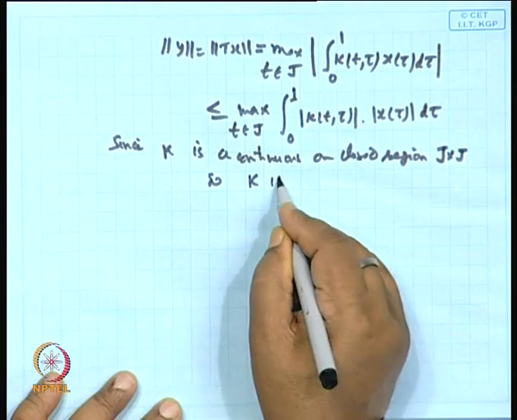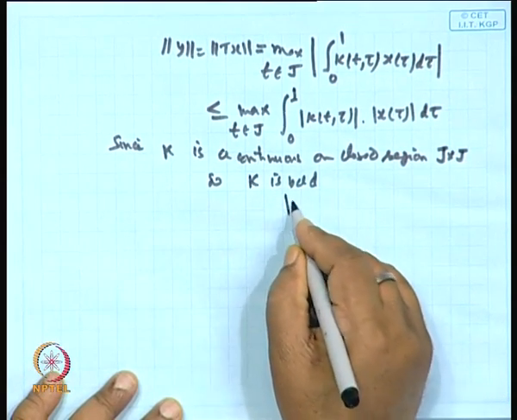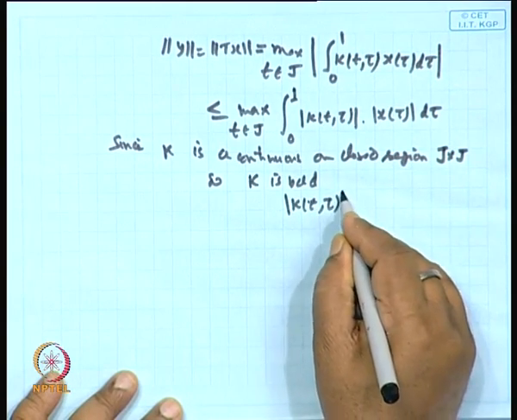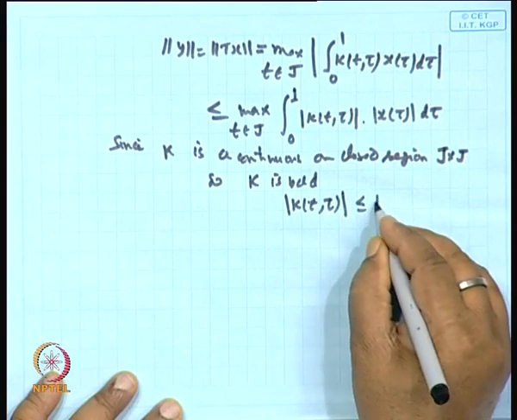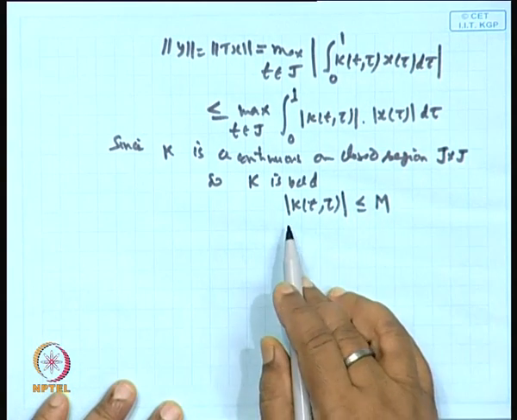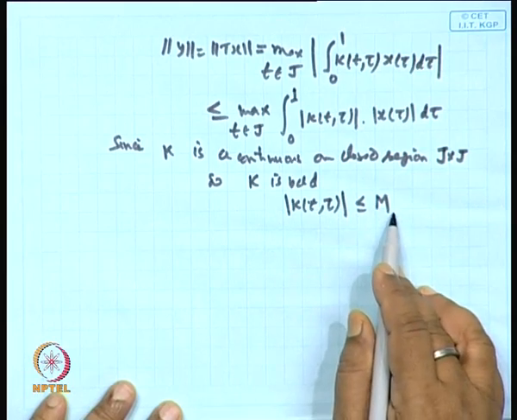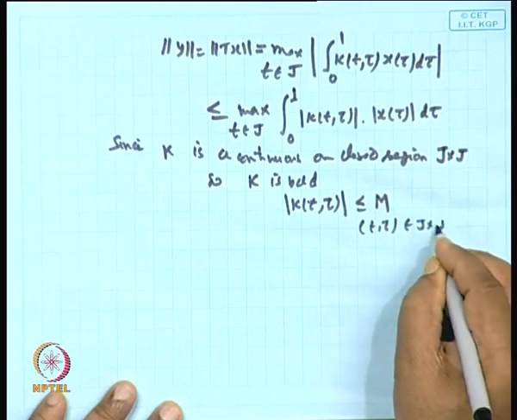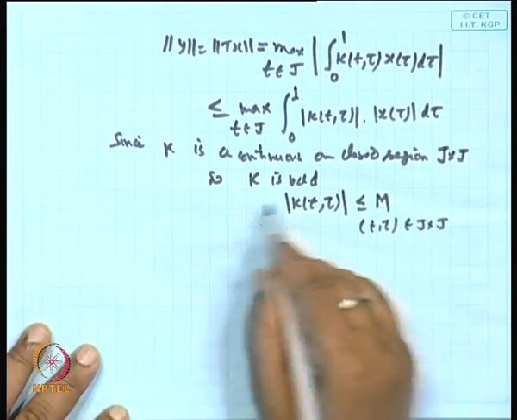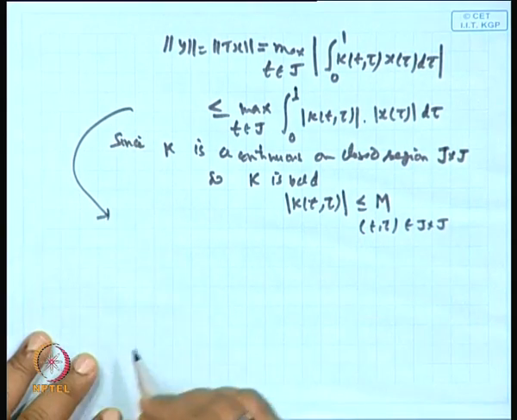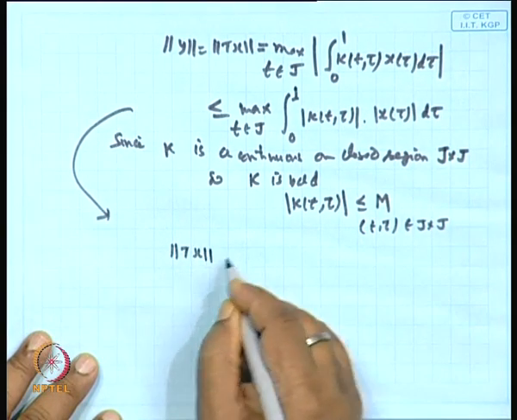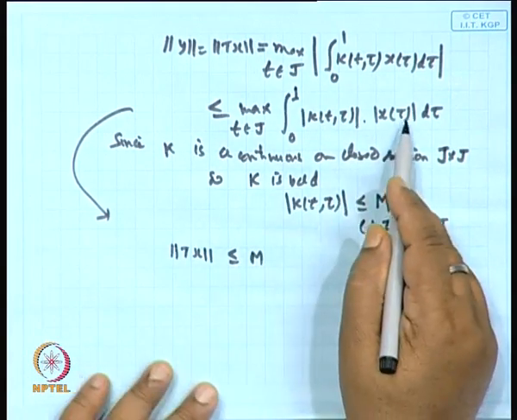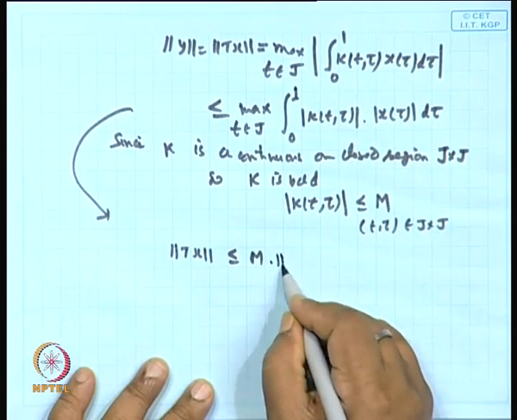So, k is bounded, which means we can find a positive number, say M, so that mod of k(t, tau) is less than or equal to M for all (t, tau) belonging to the region J cross J. Hence, we can say the norm of Tx is less than or equal to M times the maximum of mod x(t), which is the norm of x.